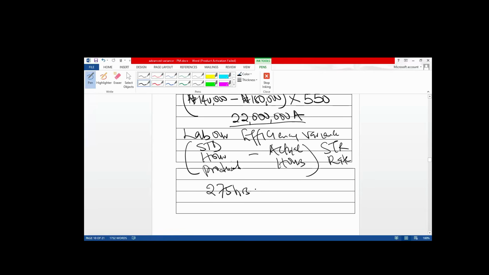Actual hours used by temporary staff, 550 hours. Multiply by the standard rate per hour, 140,000. You have 38,500,000 adverse. You are done with that question.